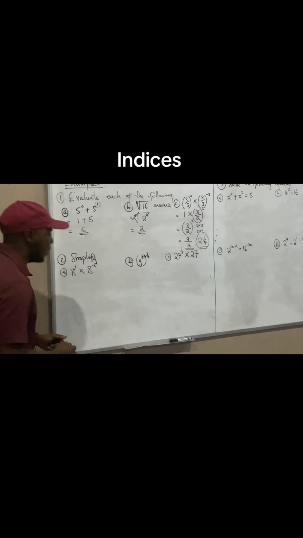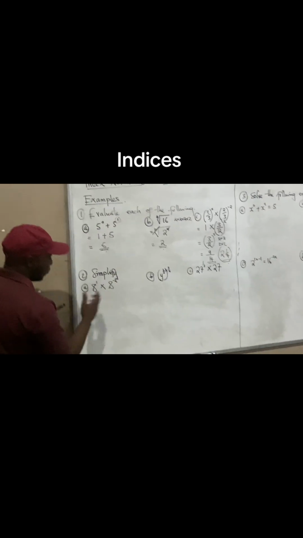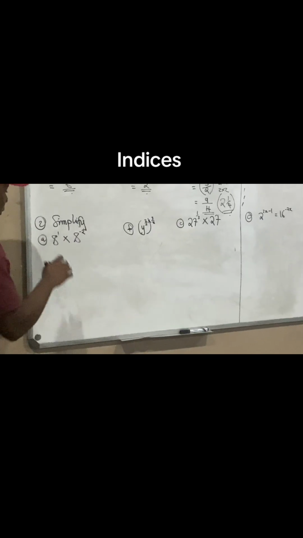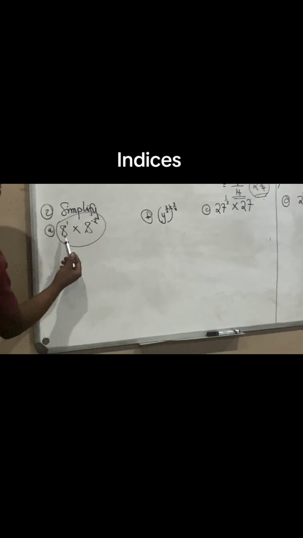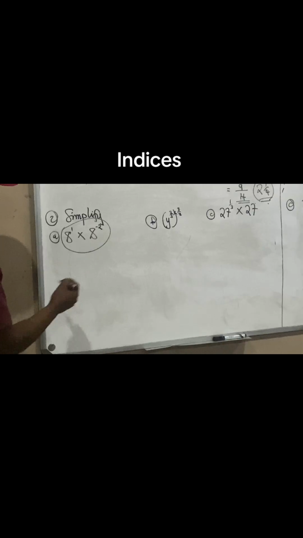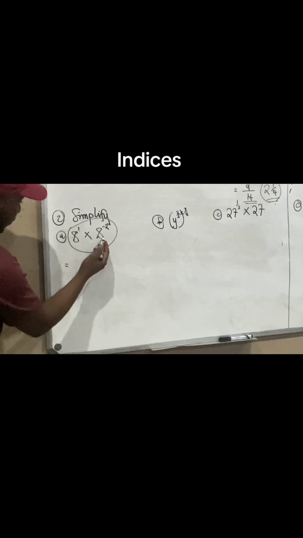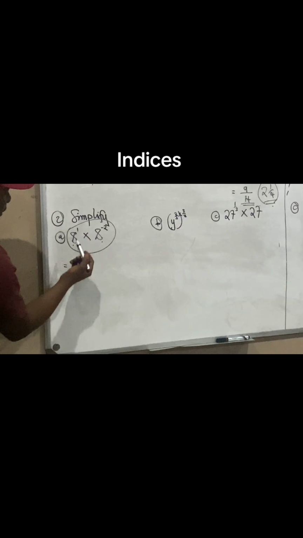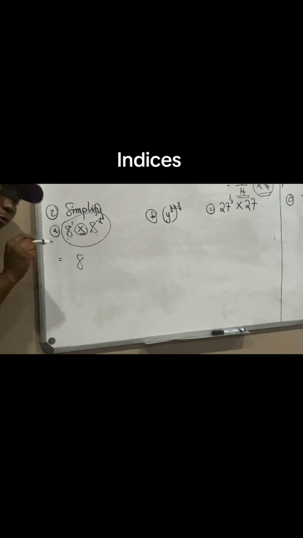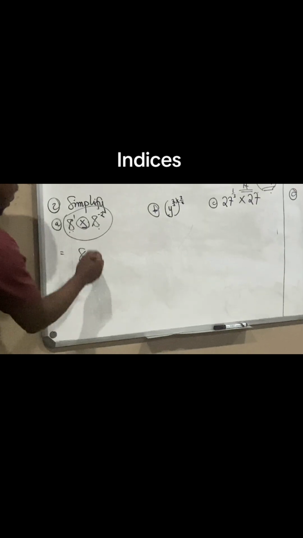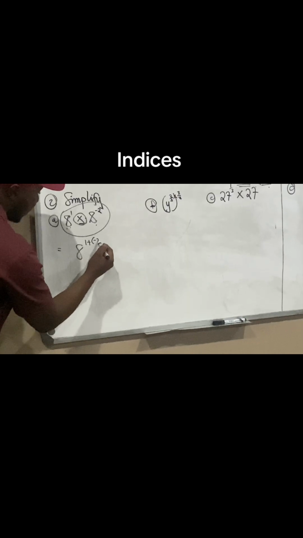Then the second one, here we have simplify. Looking at what we have been given, we have bases that are the same. So with these bases, we just get one base, which is 8. When you are multiplying, what we do is add the powers. So here I'm adding 1 plus negative 2.